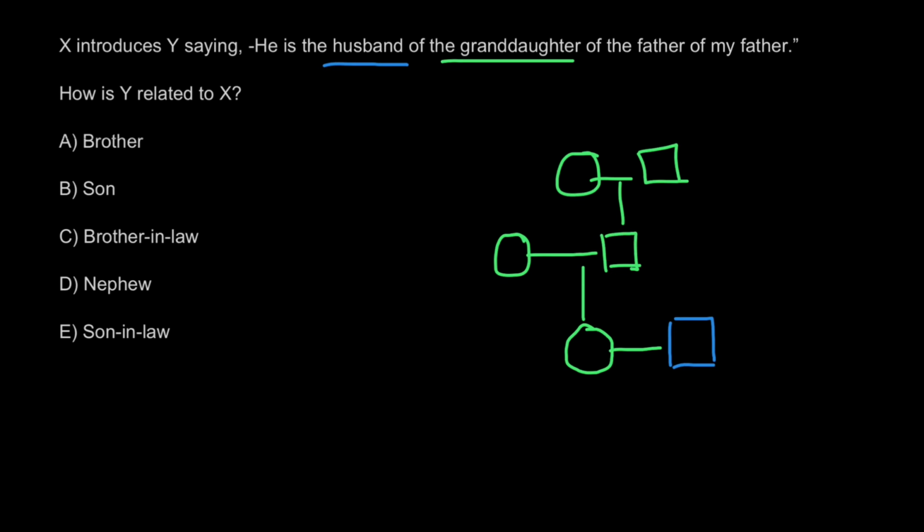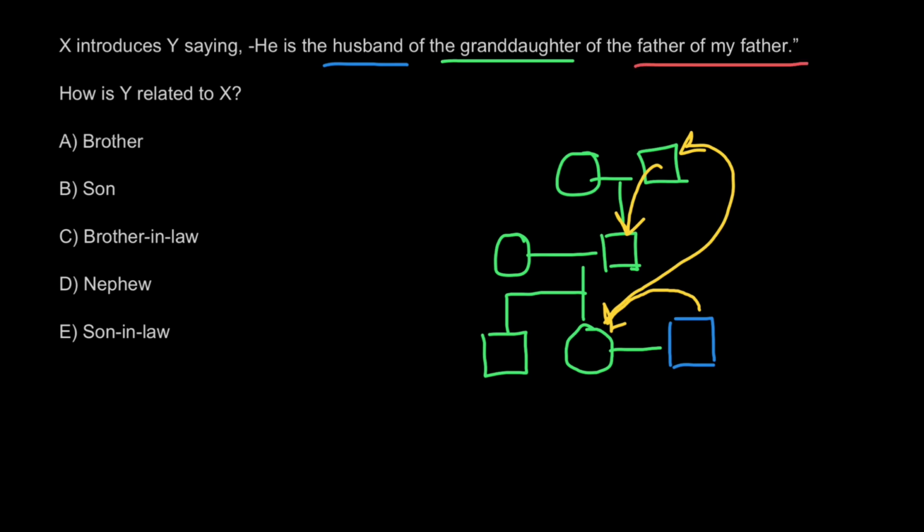Now take a look. He is a husband of the granddaughter of the father of my father. Father of my father. That means the person who is speaking has to be a brother of this female. Father of my father is going to be this male here.